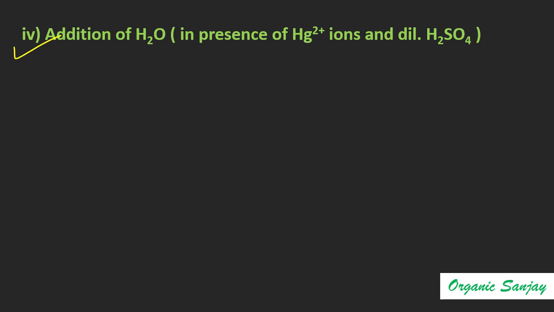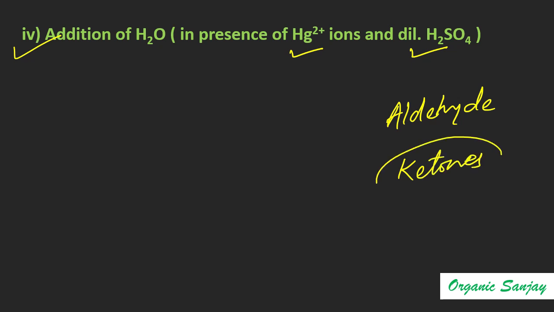Now the fourth reaction, addition of water. It is carried out in the presence of mercuric ions and dilute H2SO4. This is a very important reaction because from here we can obtain aldehyde or ketone, depending upon the starting molecule.